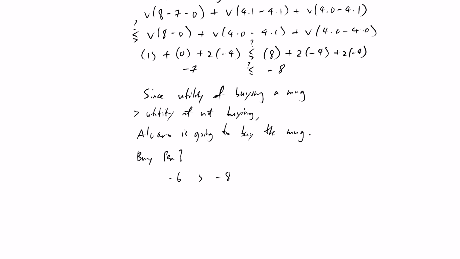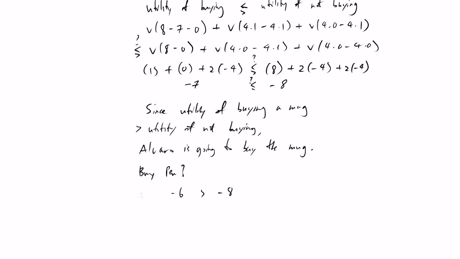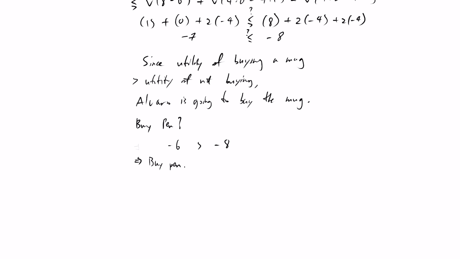So he's going to buy the pen too. So what we actually want to know is whether he's going to buy both. Okay. What would he get if he purchased both?